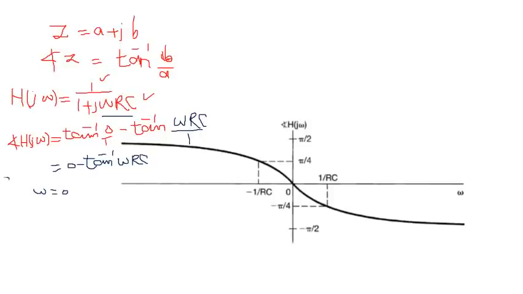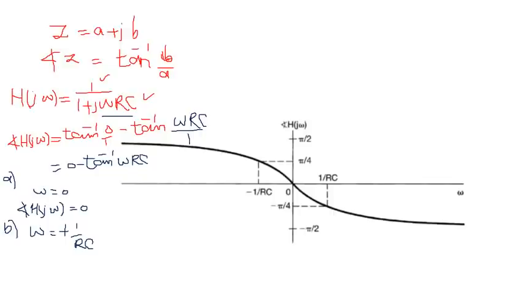Point A is when omega equals 0. In that case, angle of h of j omega equals 0. The second is when omega equals plus 1 by RC for positive frequency, and for negative frequency minus 1 by RC. In that case, omega and RC cancel, and you get 1.